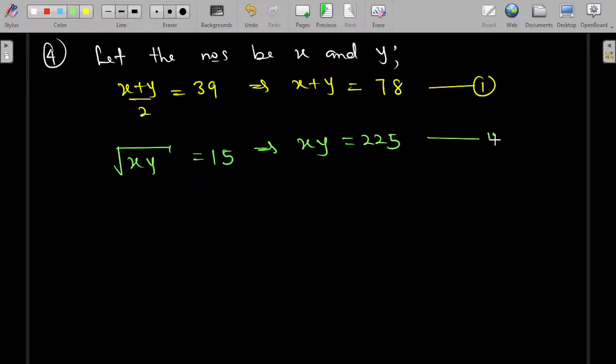Call this equation 2. So we have two equations to solve, and how do we go about it? One is quadratic, the other is linear. So we can take the linear one, make one of the variables the subject, and then substitute into equation 2. Okay, so let's try that. From equation 1, I make y the subject, so I'll have y is equal to 78 minus x.